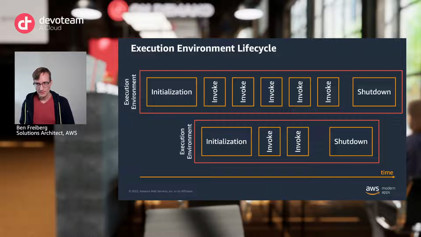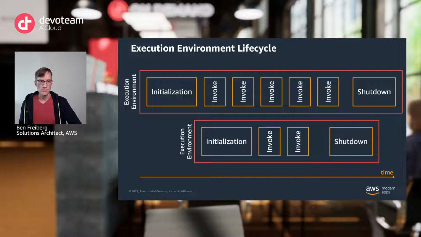Inside, the initialization is happening. That means the code is being downloaded, any optional extensions are initialized, and the runtime is initialized. After that, the initialization code of the function itself is triggered, so that's the code outside of the handler. Then, after all this, the function is ready to accept requests to be invoked.